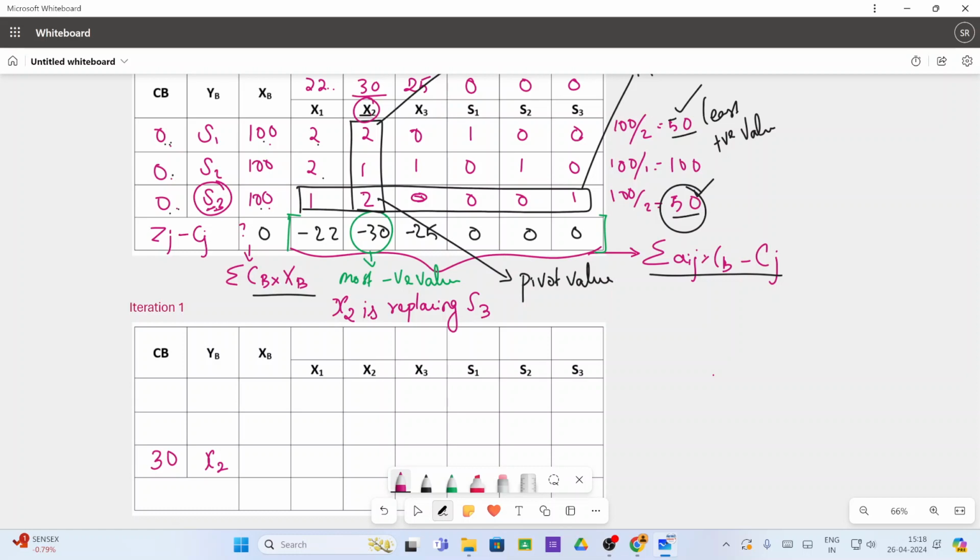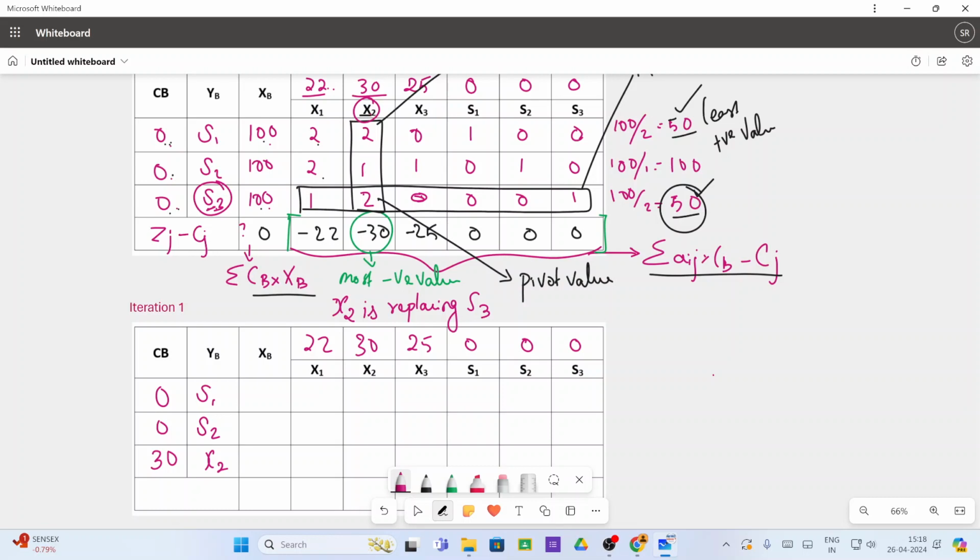That is what x2 replacing S3 means. Next, we write the Cj values, the same values from the previous table: 22, 30, 25, 0, 0 and 0. The S1 and S2 values remain the same, 0 and 0 over here.